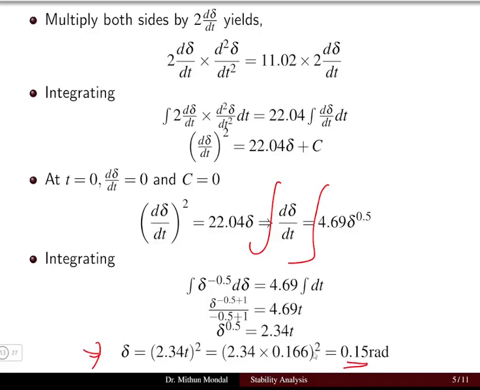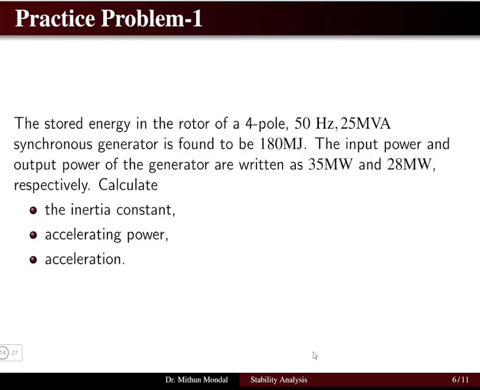So this completes the first problem, and based on this problem we can solve one practice problem, which is given as follows, where the stored energy in the rotor of a 4-pole, 50 Hz, 25 MVA synchronous generator is found to be 180 megajoule. So here the number of poles is 4, the frequency is 50 Hz, the rating of the machine is 25 MVA, and the kinetic energy of the system is 180 megajoule.